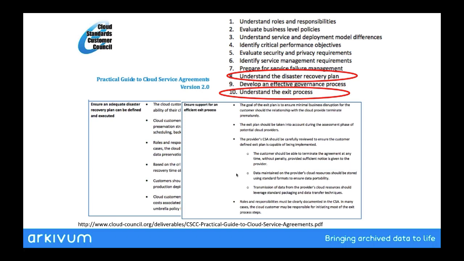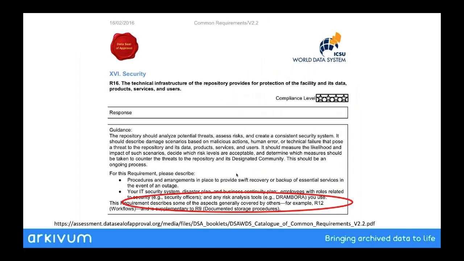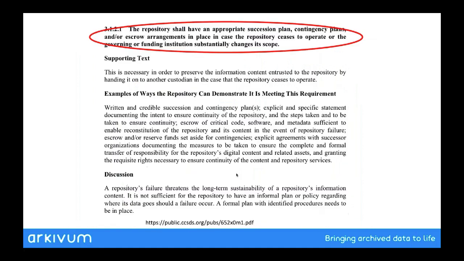There are also some useful resources on what to consider in an exit plan. So this is the Cloud Standards Customer Council, and their practical advice. In addition to preservation storage criteria, there are some extra guidelines if you are going to consider cloud storage or hosted solutions. And it's covered in things like the Core Trust Seal, so things like disaster recovery and business continuity.